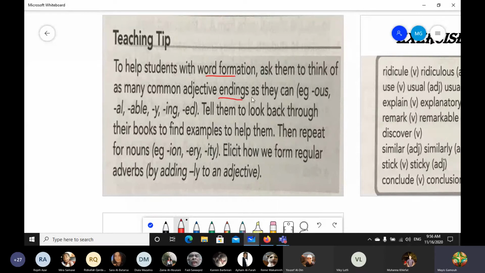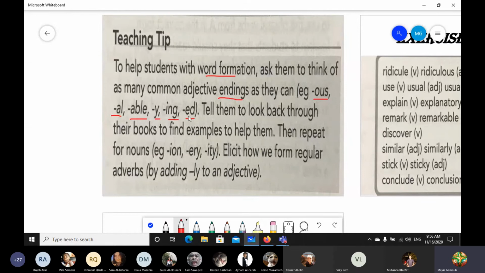So if your word ends with ous, al, able, y, ing, or ed, you have to know that these are adjectives. So these endings, ous, al, able, y, ing, ed, you have to memorize them.